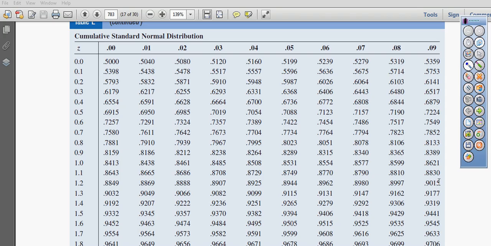So this right here will be 15 thousandths away from what I'm looking for. And so you can kind of imagine that my 0.9 is right in between. So I'm trying to decide whether the 0.8997 or the 0.9015 is closer. So we're going to go with the 0.8997 because it's only 3/10,000ths away from what we have.